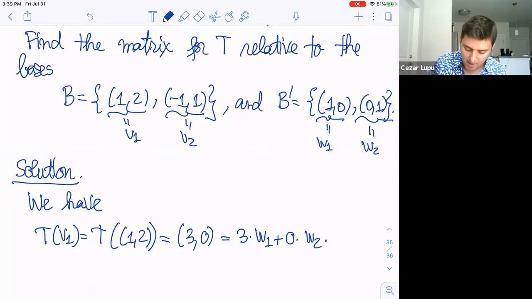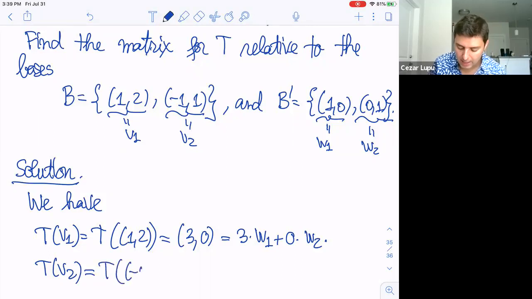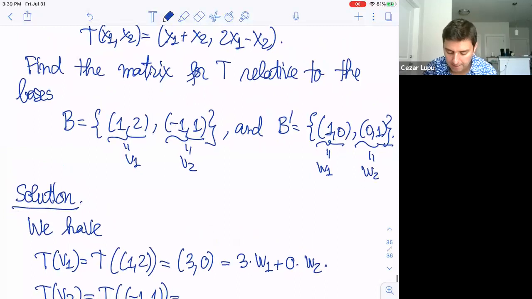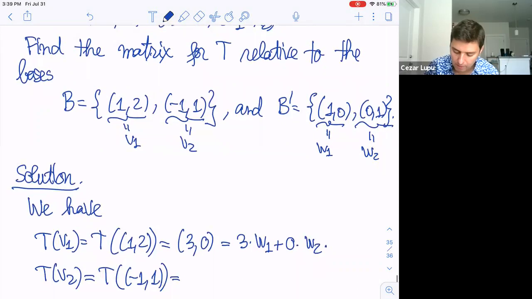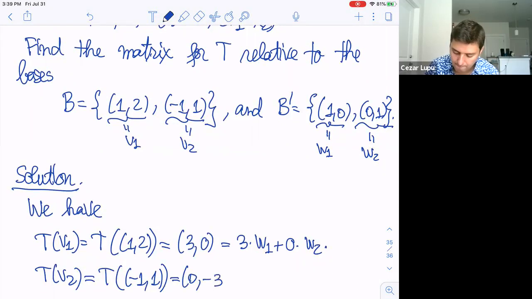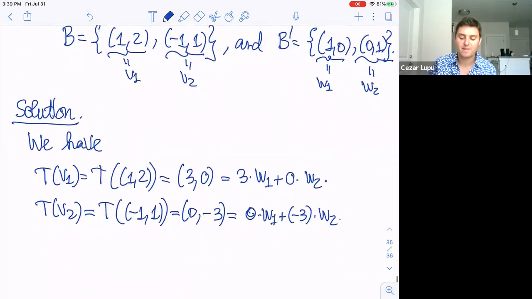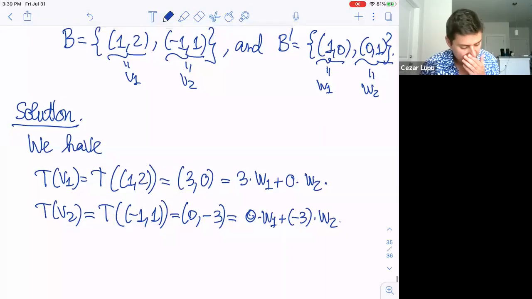Nice. The same thing will happen for V2, so this will be T of negative 1, 1, which will give us what? Will be 0 and negative 3, which again can be expressed as 0 times W1 plus negative 3 times W2. Perfect. That's exactly what I want.